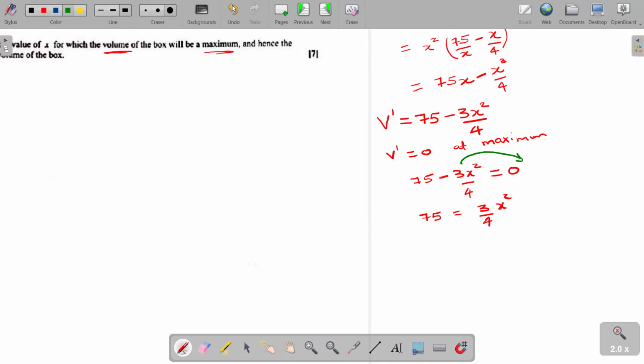Then from there, we divide, because we want to make x subject. We are going to divide both sides by 3 over 4. So to do that, we go to our calculator.